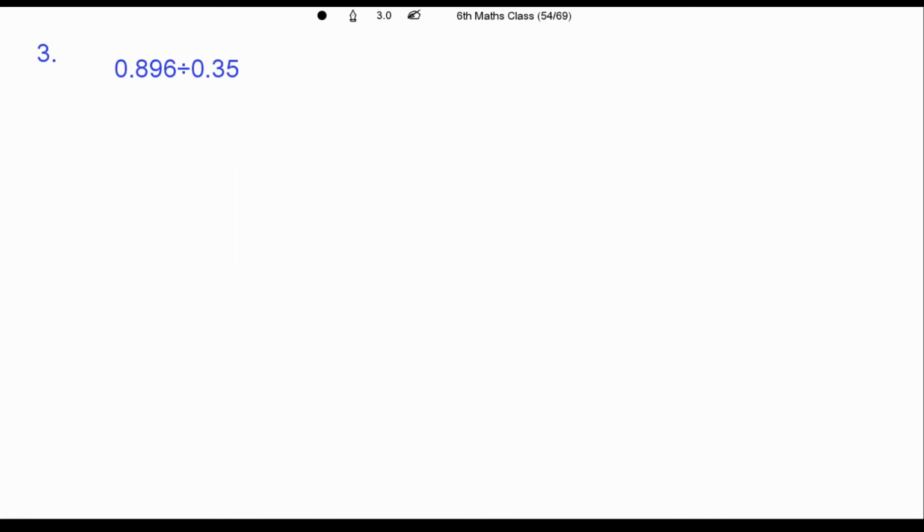Third sum, ninth subdivision. Okay. So 0.896 divided by 0.35. I'm going to change it as a natural number. So it becomes 35. And the dividend: 2 decimal places we have in the divisor. So 2 places I have to shift. So it becomes 89.6. So 35 twos are 70.